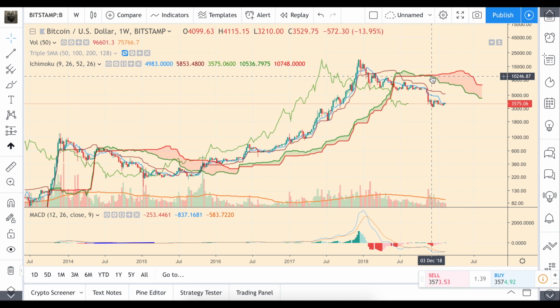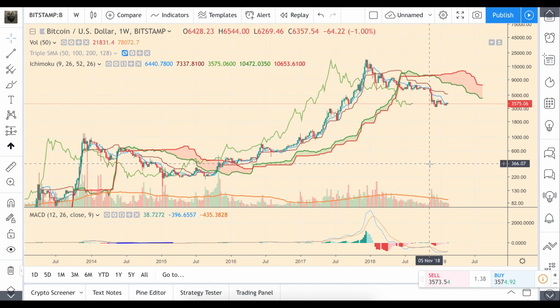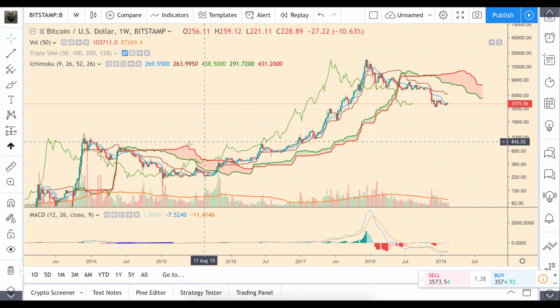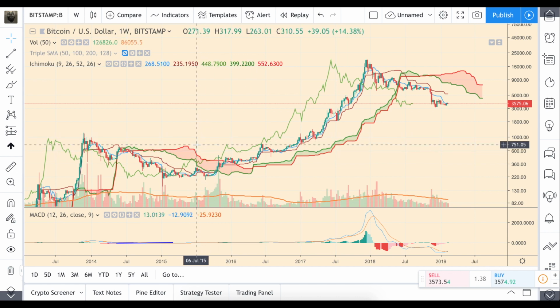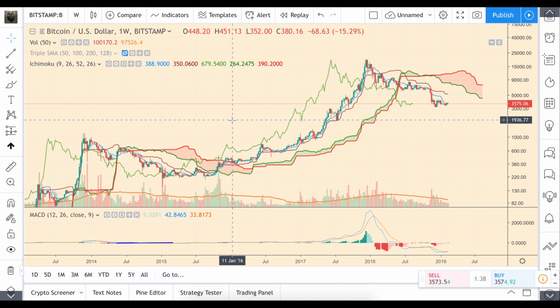Somewhere around here, isn't it? I don't know. In any case, this is the way you would wrongly treat the indicator and the signals it gives you.